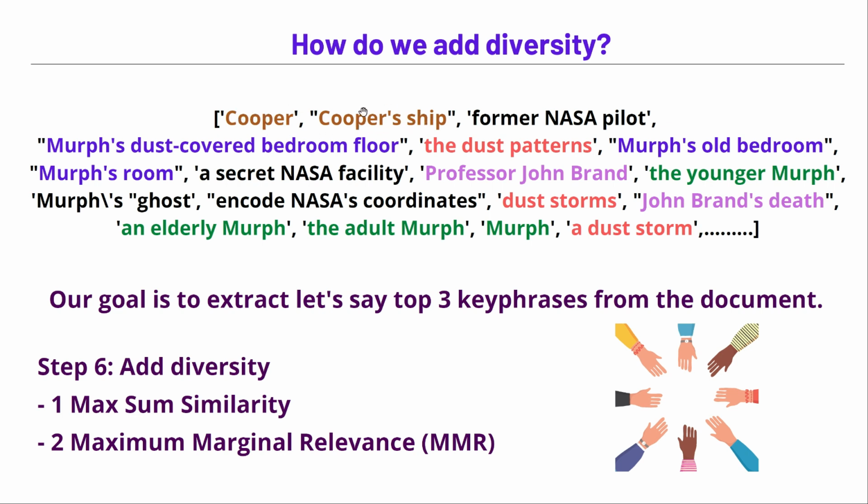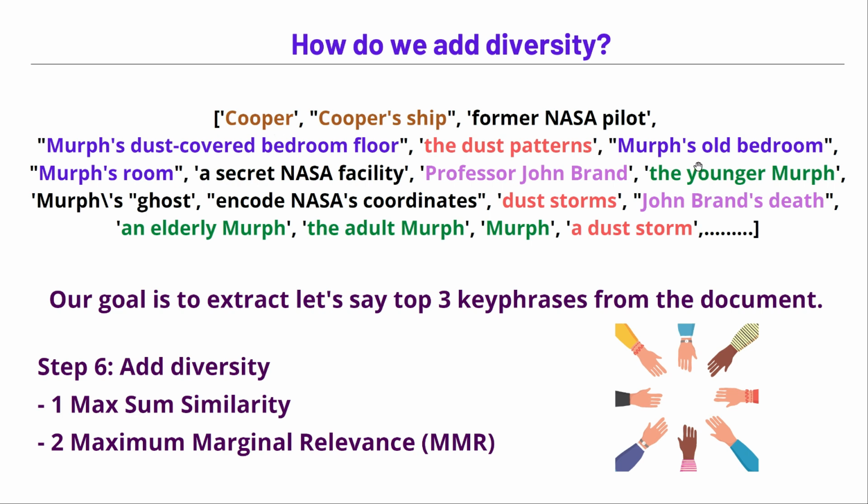From Cooper and Cooper ship, perhaps you just want to keep one key phrase, let's say Cooper, and then you have Murph's bedroom floor, Murph's old bedroom, Murph's room, you want to keep only one from there.